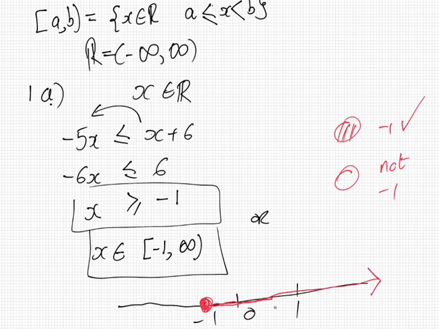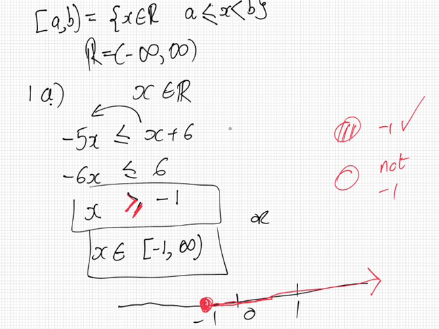So only when we're dividing by a negative number does it flip it. How did you know that it's closed at minus 1? Well, I know it's closed because it can equal minus 1 because of this. And infinity is never included.